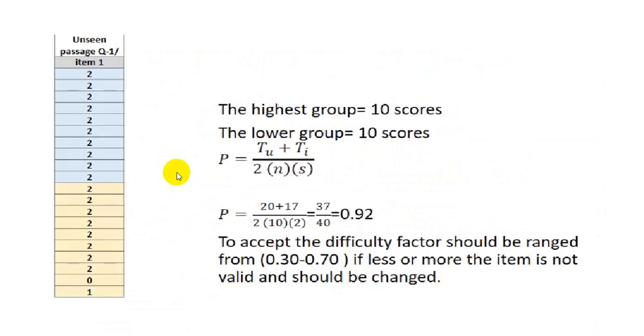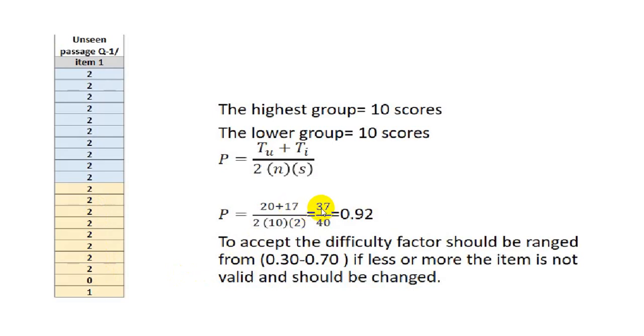Here we have an example. First item: we select the items after sorting the final scores from the largest to smallest. Here we find the score of the higher group, 2 by 10, 20. The score of the lower group, 17.